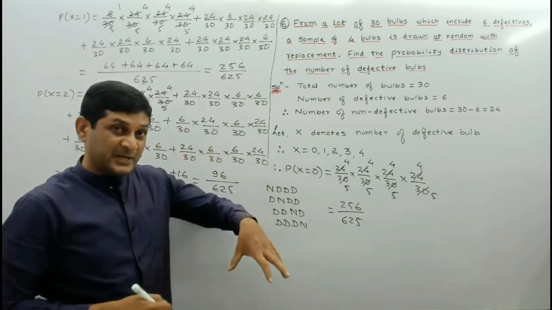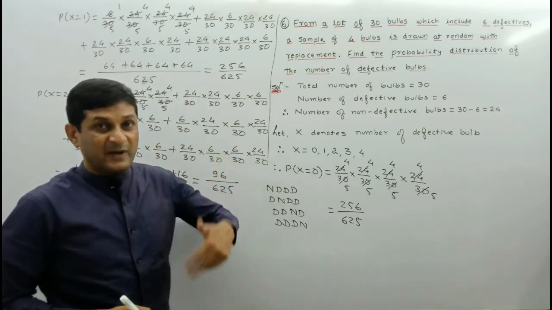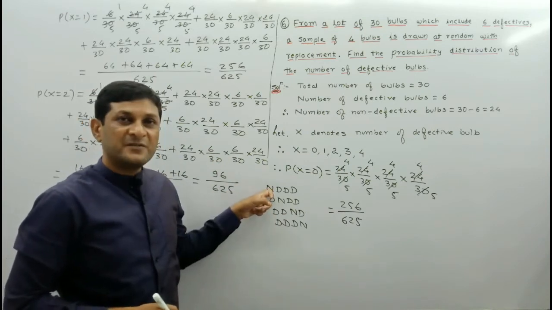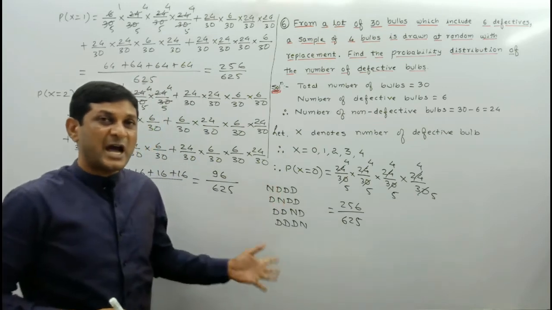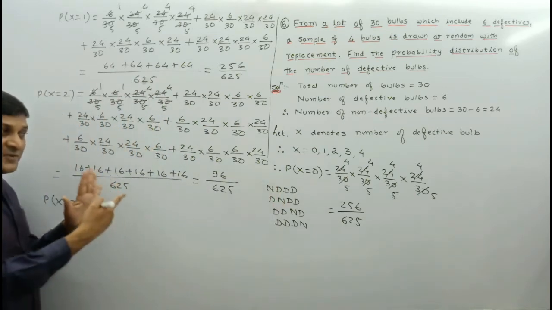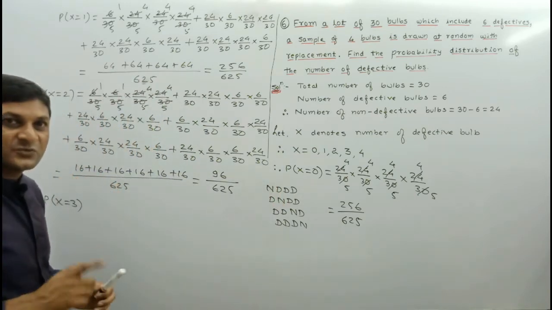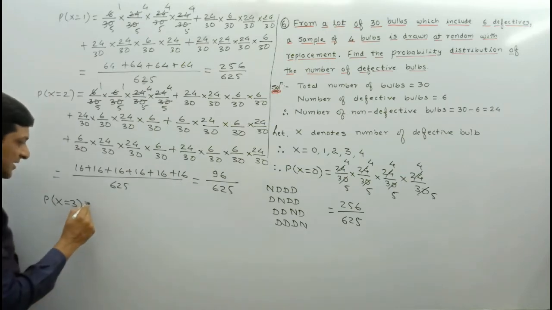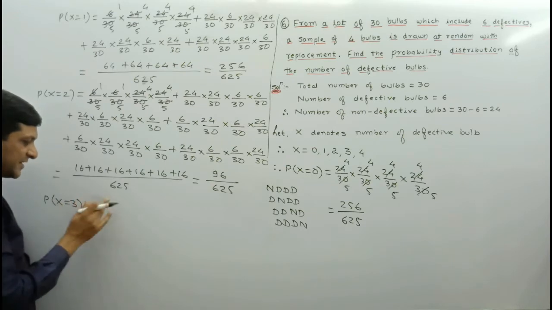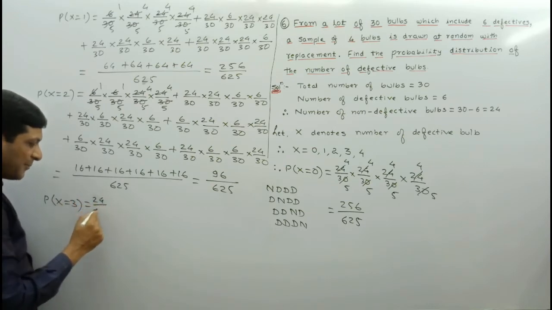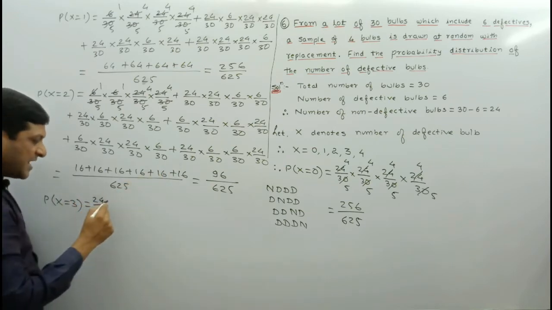तो हो सकता है कि आपने जब 4 बल्ब ड्रॉ किए 1 बाय 1, तो फर्स्ट टाइम नॉन डिफेक्टिव आया होगा, या तो सेकंड टाइम, या तो थर्ड टाइम, या तो फोर्थ टाइम. ऐसे 4 डिफरेंट केसेस मिल रहे हैं. So we have to find out the probability for all these 4 different cases. So here first is non-defective. Already we know that the probability of a non-defective bulb is 24 upon 30 and remaining 3 are defective.